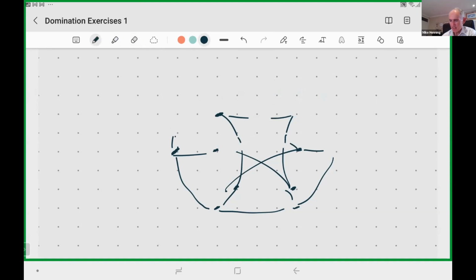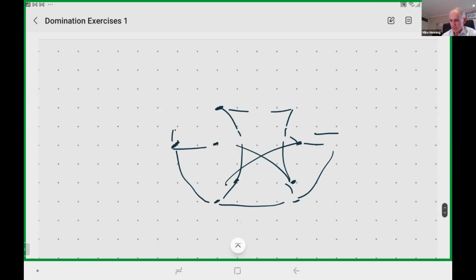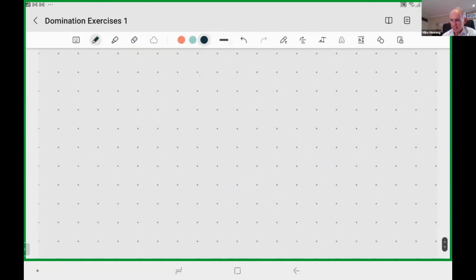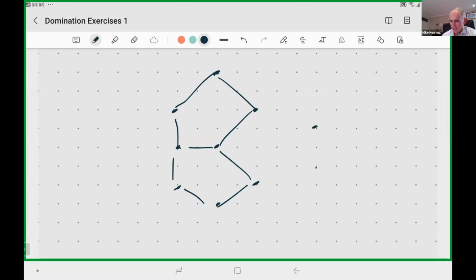If I redraw it, what we get, and it's very easy to check, is essentially 2 5-cycles, and then 2 vertices outside joined in this way. So this is the graph obtained by removing that vertex. This is what we've called G prime. I've taken V and thrown it away with its neighbors.